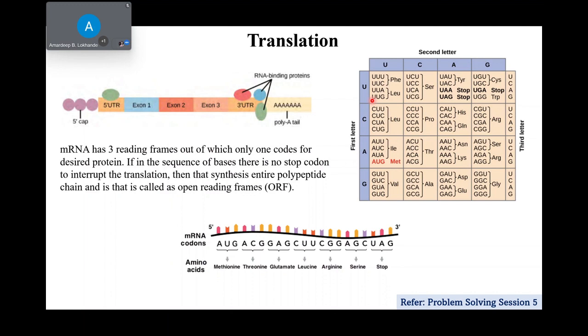So translation stops at these signals, when the mRNA reaches these stop codons. And as I was mentioning in the previous slides, transfer RNA has the anticodons. Ribosomal RNA makes up this ribosome.